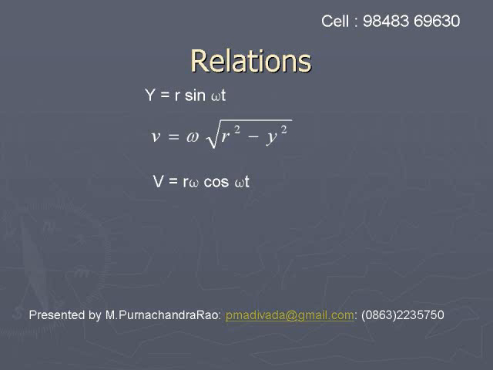It has another relation: v is equal to r omega cos omega t. Acceleration a is equal to minus omega square y, or minus r omega square sin omega t.